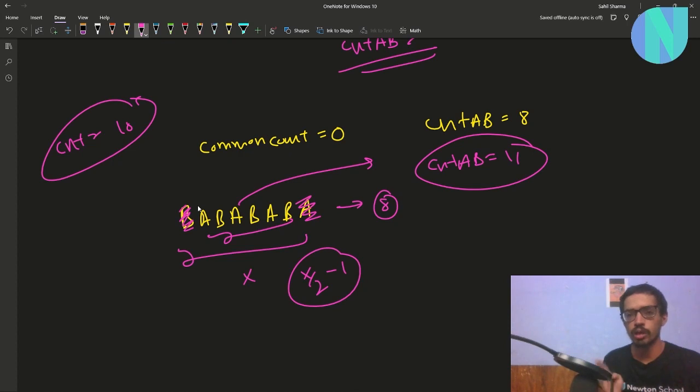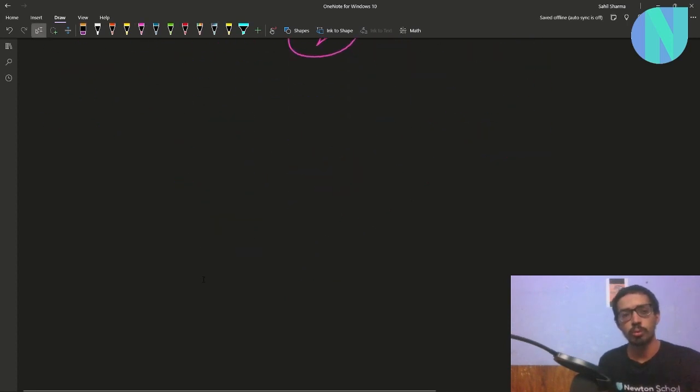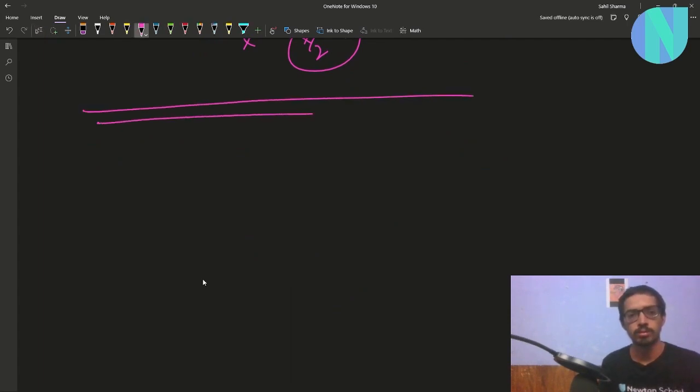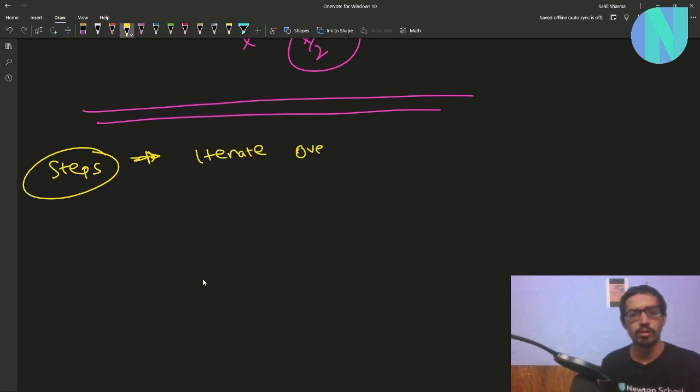So that should be your approach. Similarly, you have to do it for count BA as well. So that will be the approach to the problem. So if I have to write it in steps here, your steps will be: iterate over the string and take it into groups.